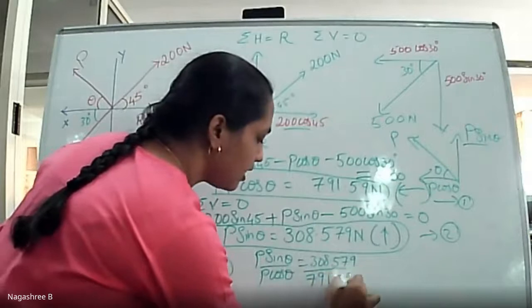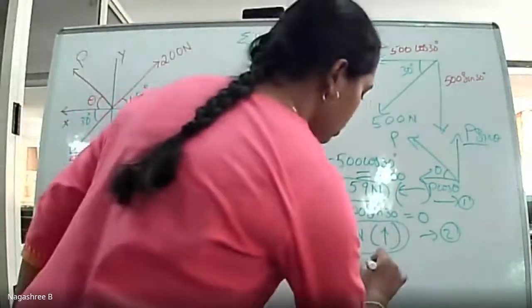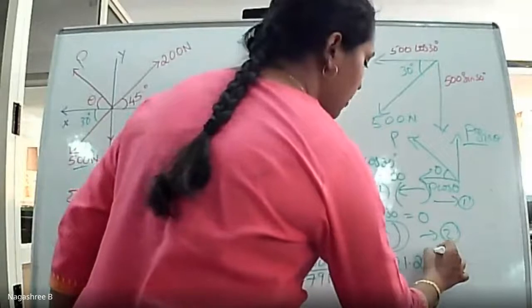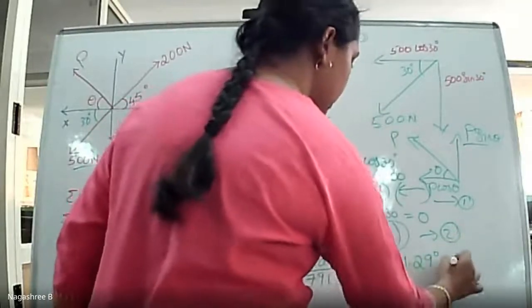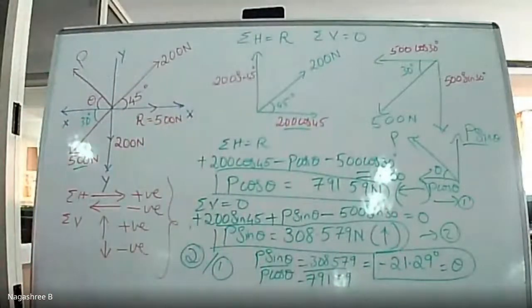This is a negative value. If I simplify that, I'll get theta as minus 21.29 degrees. So theta is equal to minus 21.29 degrees.